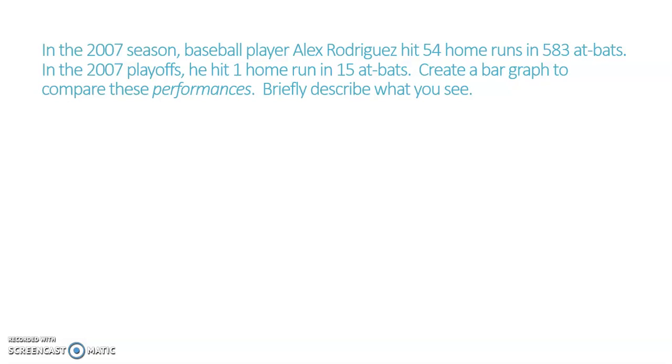So 54 home runs in 583 at-bats is 9.3%. 1 home run in 15 at-bats is 6.7%.